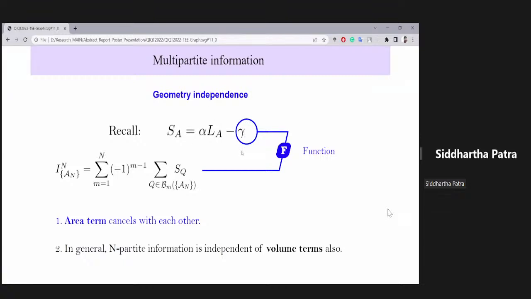For this special structure, I_N shows that all geometry dependence, that means all perimeter dependence terms, vanish. Only I_N depends on gamma, the last factor, that means the topological entanglement entropy. In general, this multipartite information will also cancel any volume terms, though that is not our case.